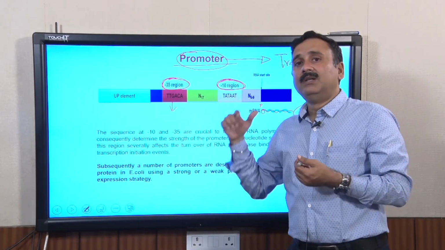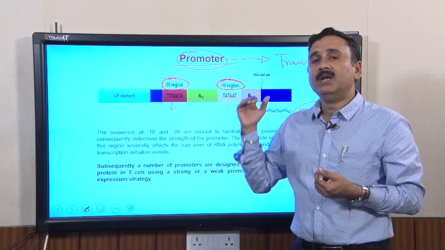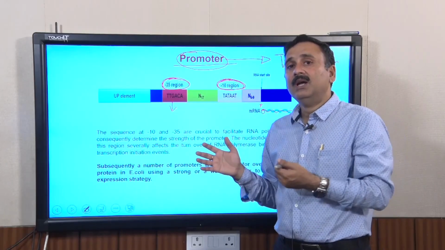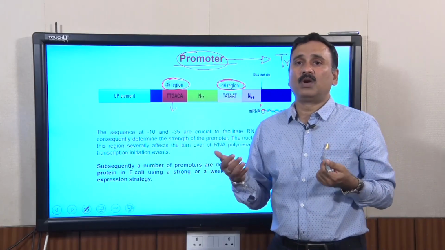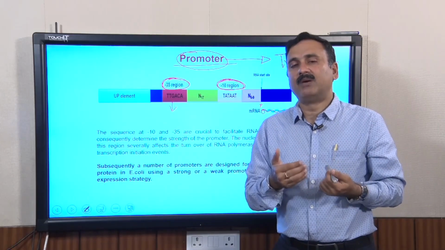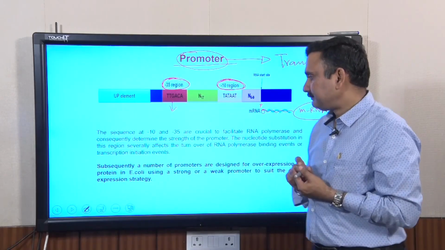As a result, the level of messenger RNA produced from these promoters is going to be less compared to the strong promoter, and consequently the amount of protein produced from the weak promoter is going to be less compared to the strong promoters.